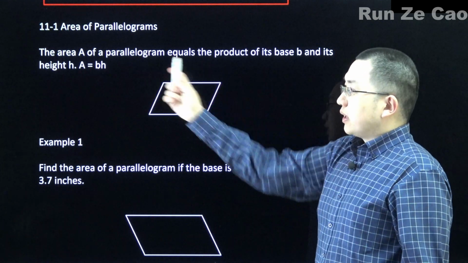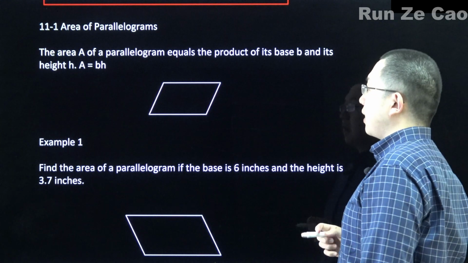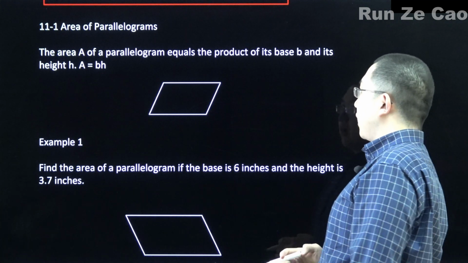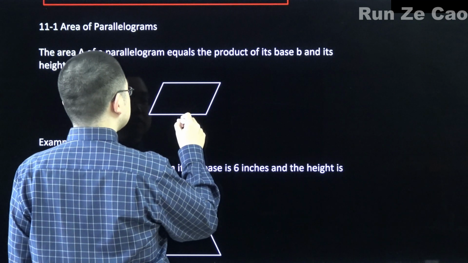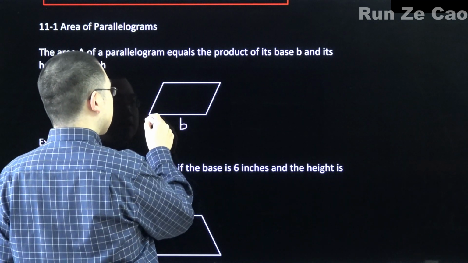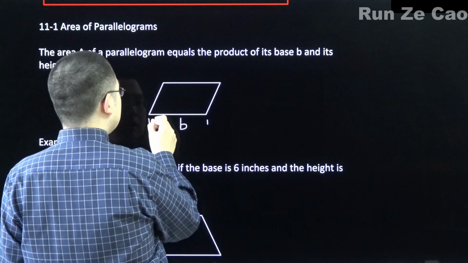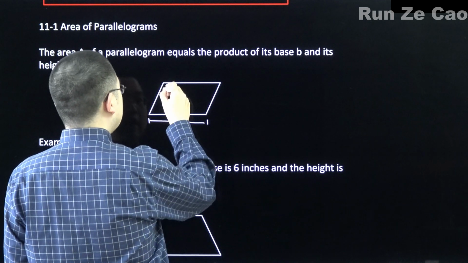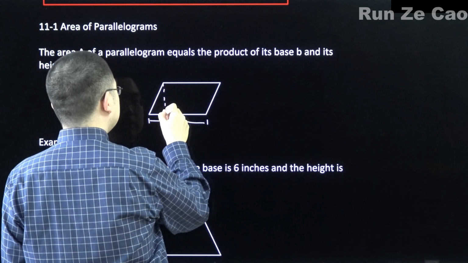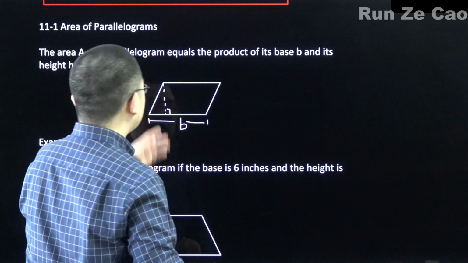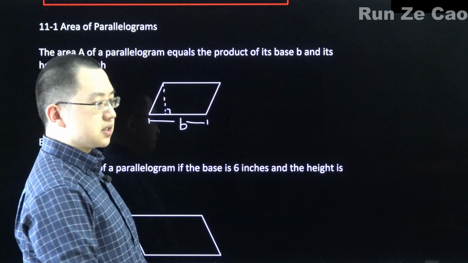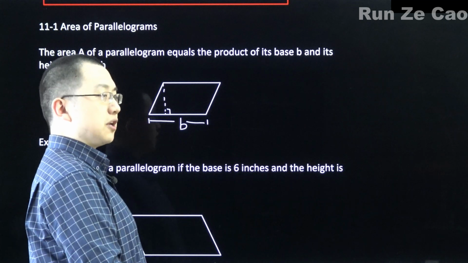For now, we start with area of parallelograms. The area A of a parallelogram is the product of its base B and its height h. This is B, the base. And the height could be drawn anywhere, but often you see it drawn from one vertex to the opposite side.